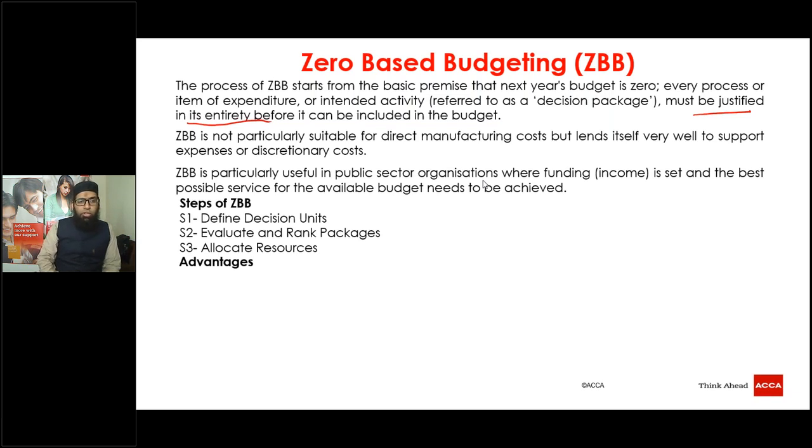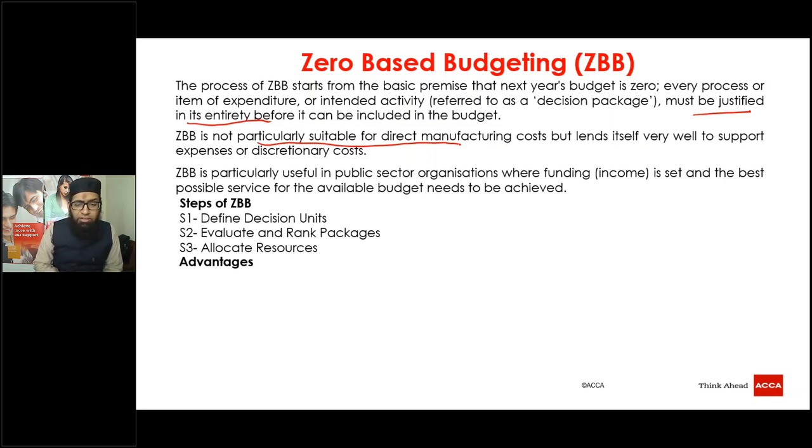Now it is important to note that ZBB is not particularly useful for direct manufacturing. This is because there is not much change between what we had done last year and what we are going to do this year.